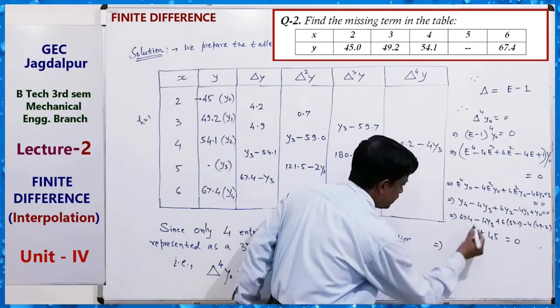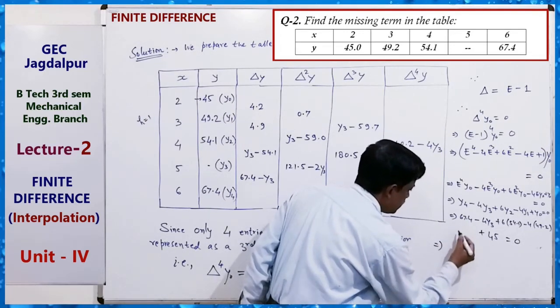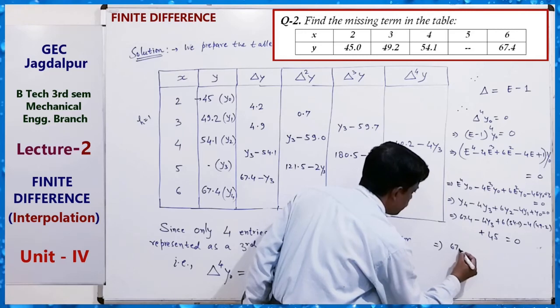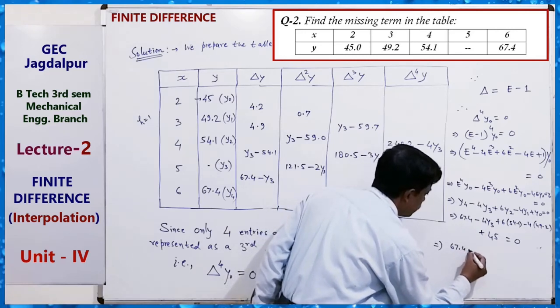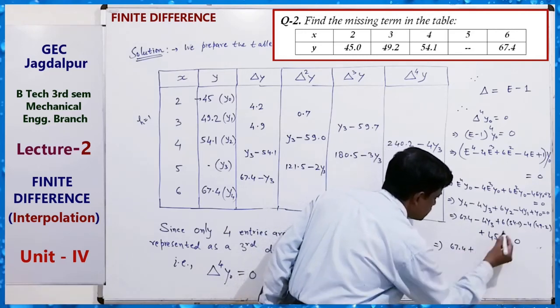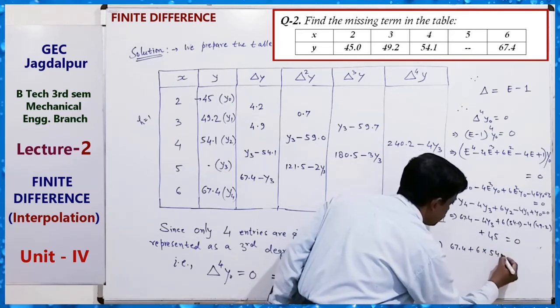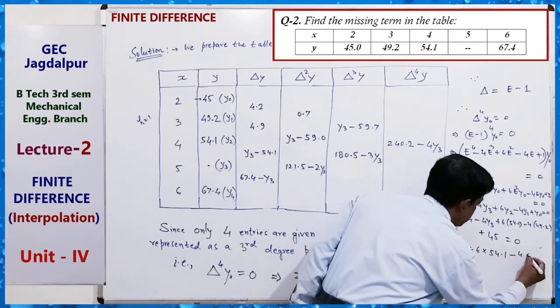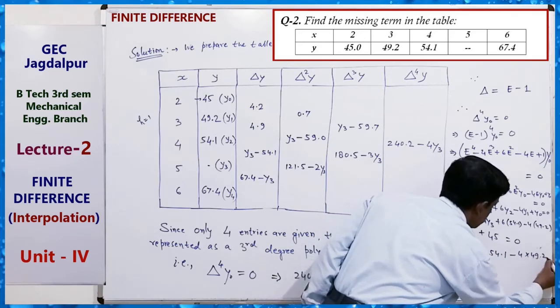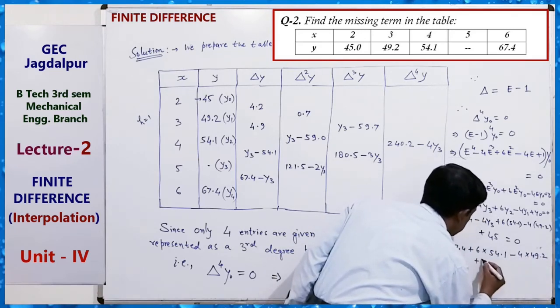From here we see that 4y3 equals 67.4 plus 6 into 54.1 minus 4 into 49.2 plus 45.